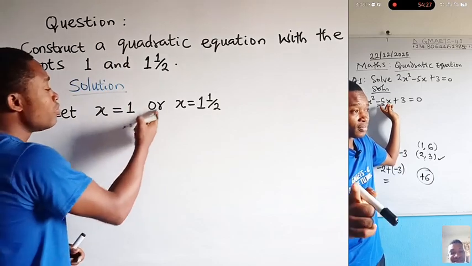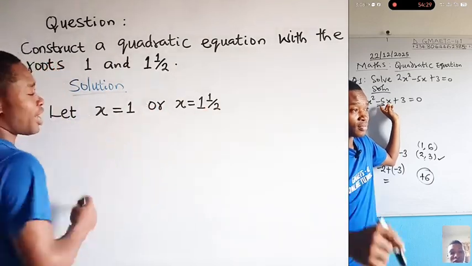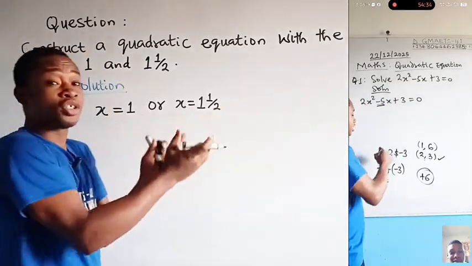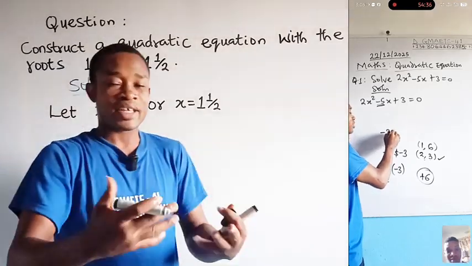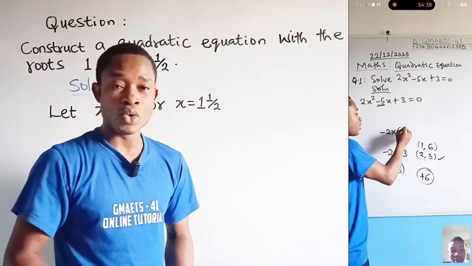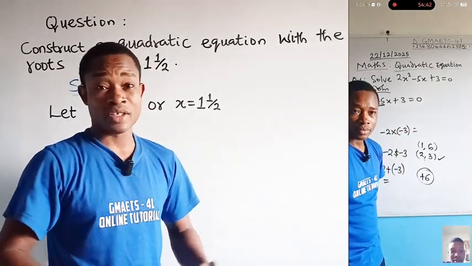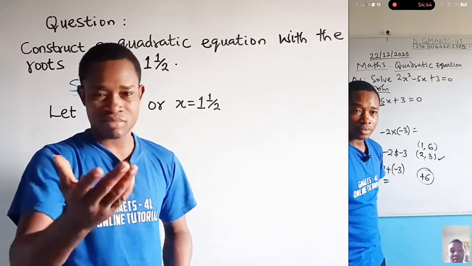To do that, we'll move these answers to meet x. And when we move these roots to meet the x, which represents the unknown, the variable in that quadratic equation, you can use any other alphabet, y, t, if you so wish.